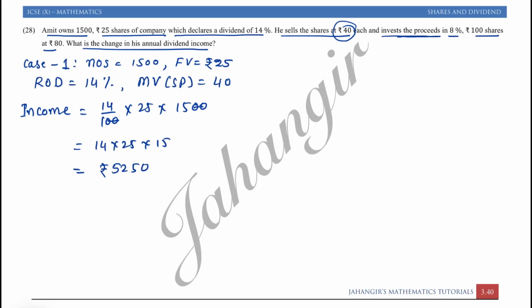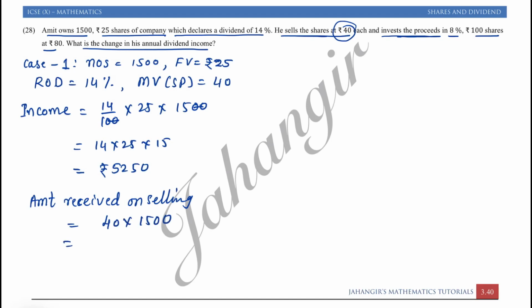Now what I will do, I will sell these shares. You can think practically. They told, he sells the shares at rupees 40. The amount received on selling is equal to, he sold at 40 rupees each share, which is 1500 shares.